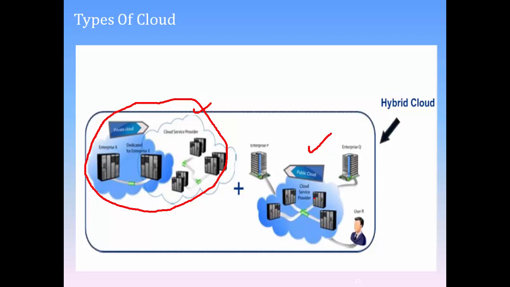Or maybe what I'm estimating right now, this much computing power and this much storage, may be underutilized or overutilized. So rather than upgrading my private cloud, I can take the computing power from the public cloud, and the combination of private and public becomes the hybrid cloud.